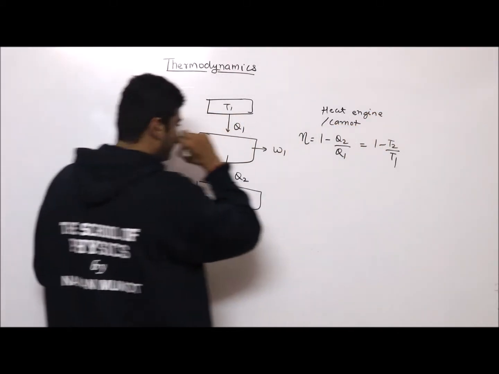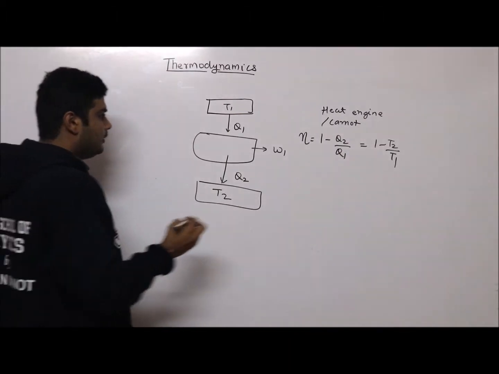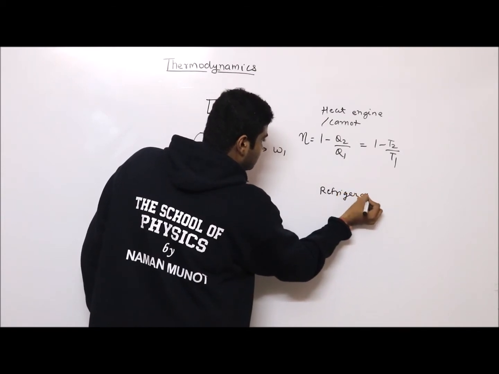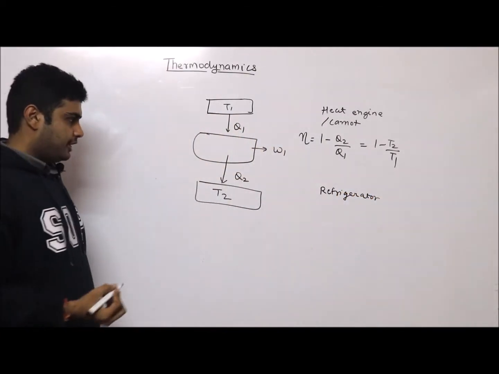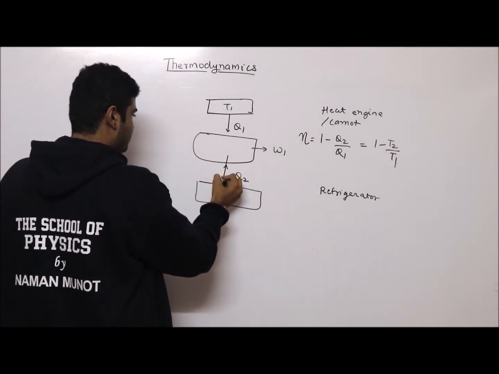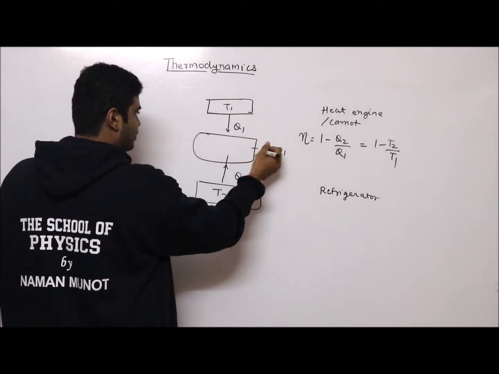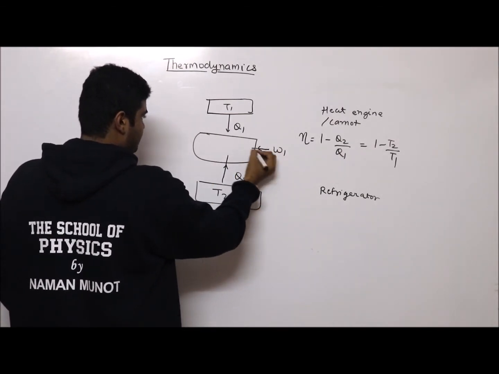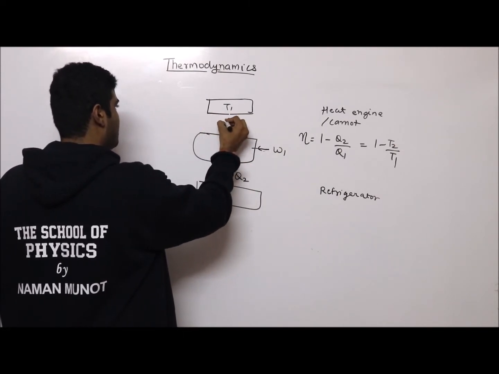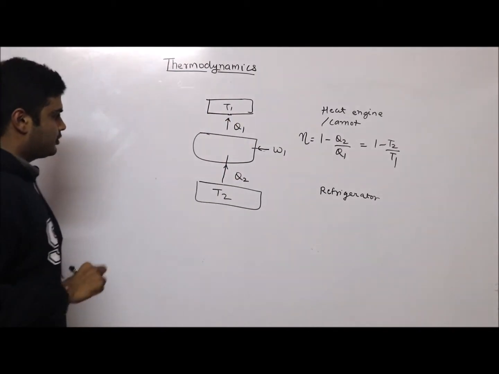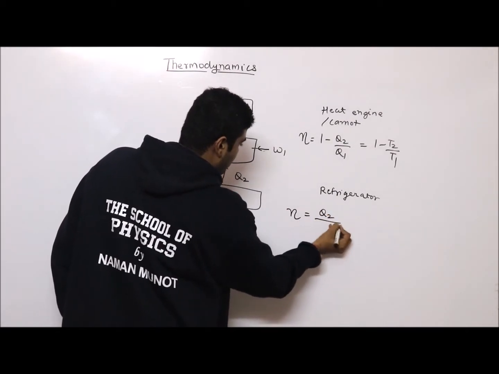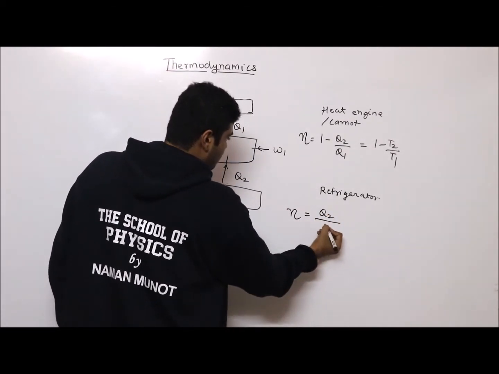Now there is a refrigerator also. In case of a refrigerator, T2 gives some heat Q2, and there is also work W done on the system, and then the energy Q1 goes out. In case of a refrigerator, we write the efficiency as Q2 upon work done.